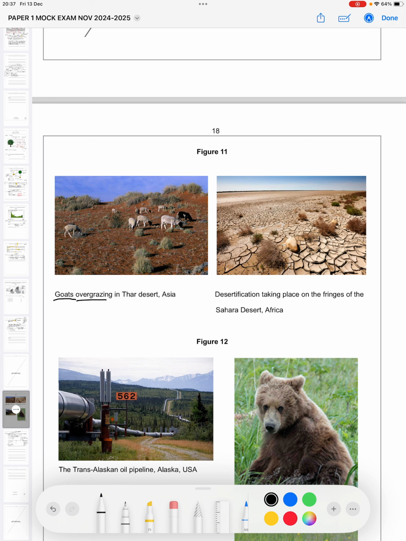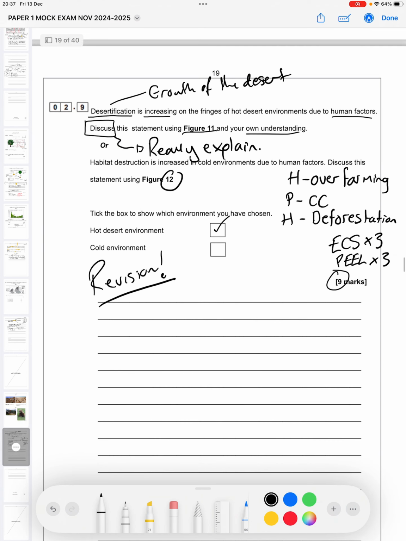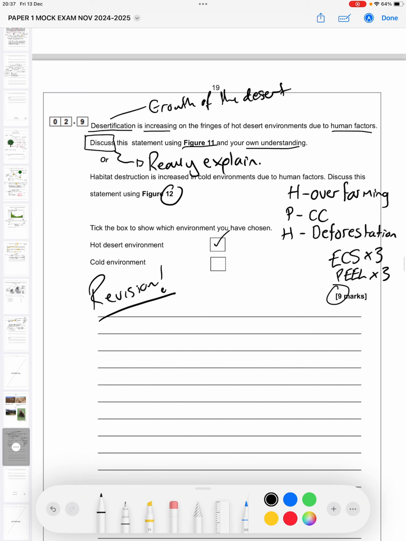And then you might say, oh, I can see in figure 11 the dry land of the Sahara Desert. This could be due to a lack of rainfall, which is a physical reason, and then get into that as well. So it's just about picking the questions apart, having that bit of confidence, and thinking forward.